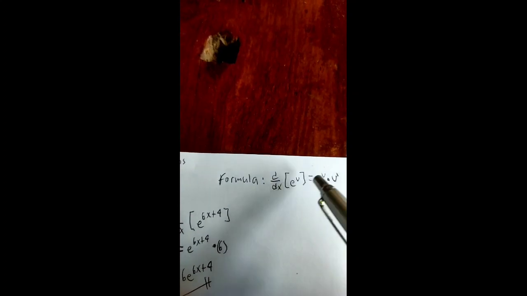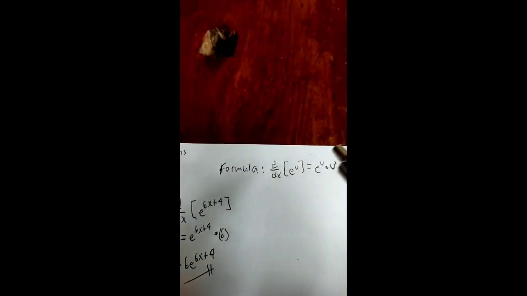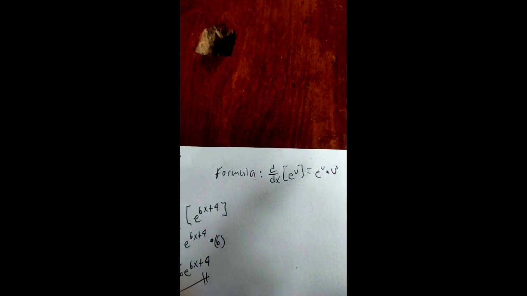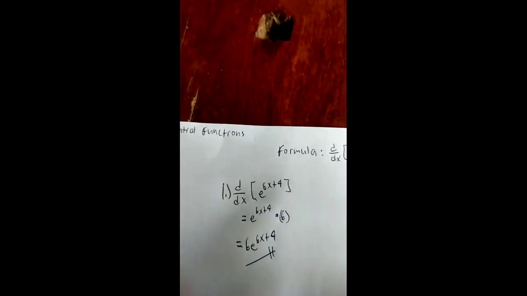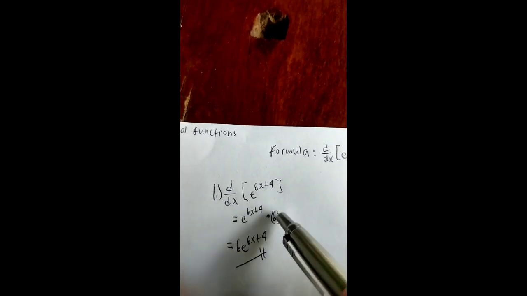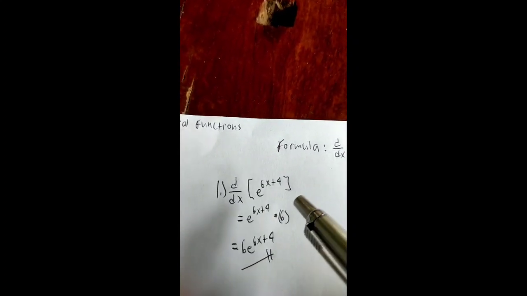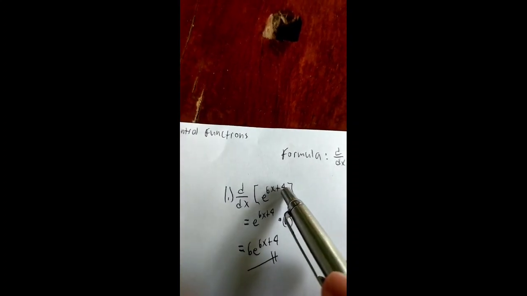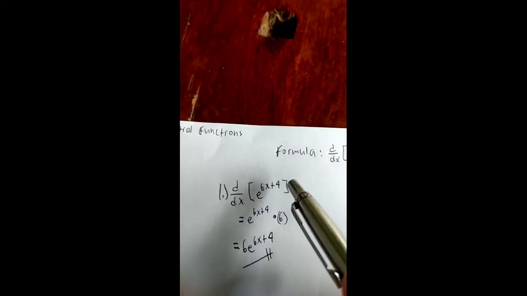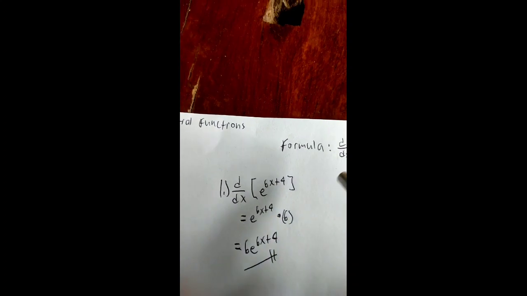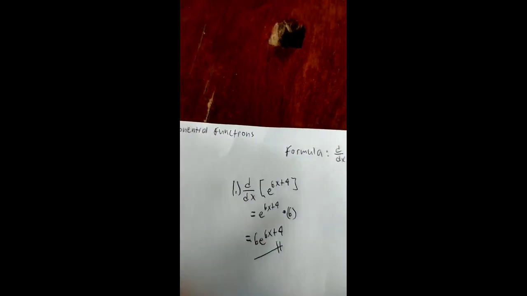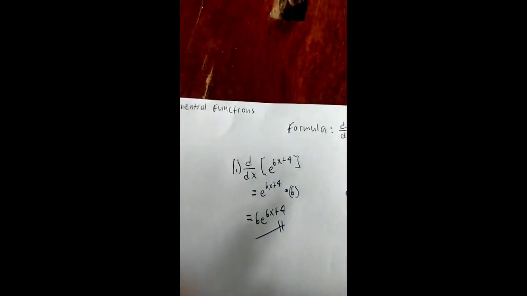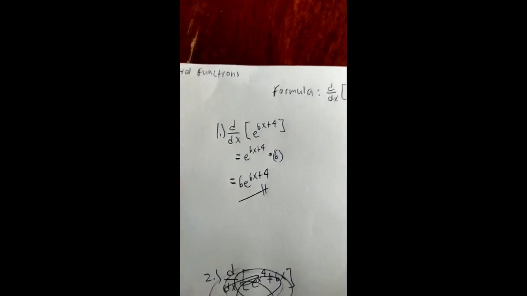Using our formula, that would be equal to e raised to the function times the derivative of the function, which is 6, because it's 6x here. The 4 is not included anymore because it's a constant, and on the rules of derivatives, the derivative of a constant is always 0. That would be only 6. And I multiply them. That would be equal to 6e raised to the function, which is 6x plus 4.